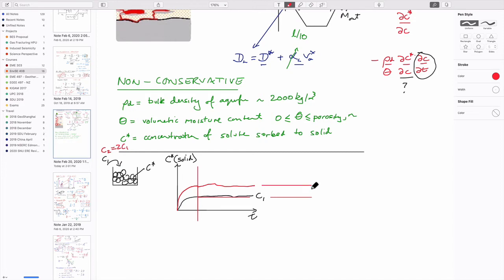And this becomes this. So this means that you have to measure what the concentration of the solid is as a function of C2 equal to 2C1. And then what you can do with that information is you can just plot now, again, this concentration on the solid, C star, which you have these curves.